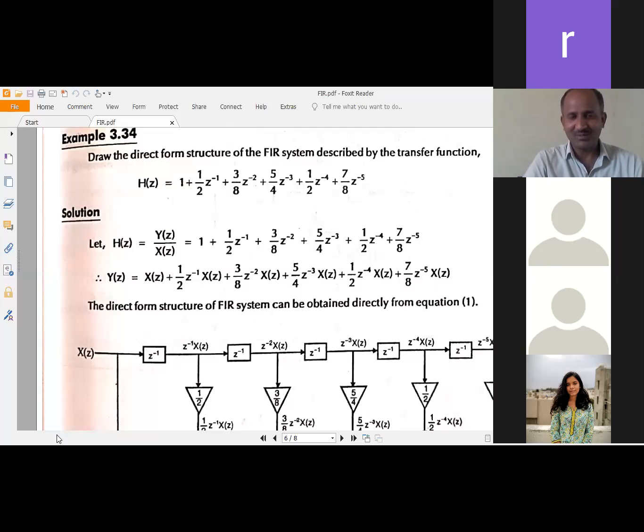Yes, sir. You are clear? Clear, sir. You have doubt, you note it down and ask in the next class. Vikas Kumar Shah, you are clear?